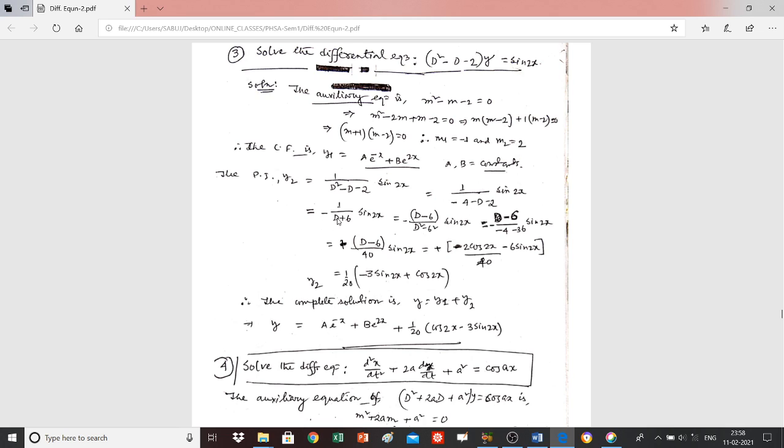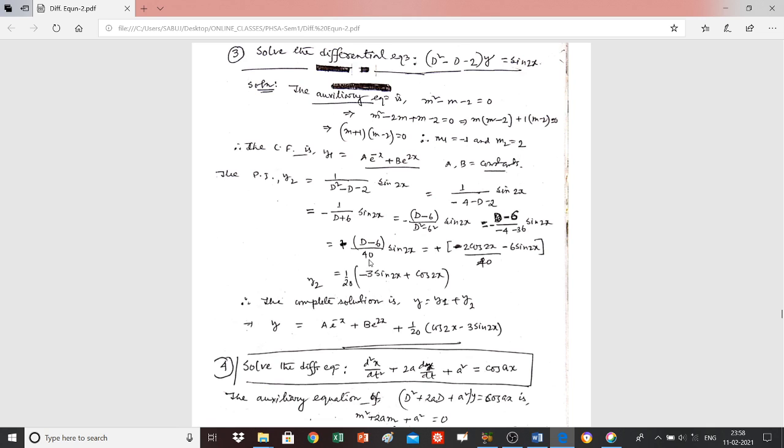After doing that, just simplify this. So 1 by (d plus 6) sin 2x. And you can write this by multiplying the numerator and denominator by d minus 6. That is here sin 2x. So d minus 6, and then with this minus sign, sin 2x, and in this case d square should be replaced by minus 2 square, so minus 4 minus 36 sin 2x.